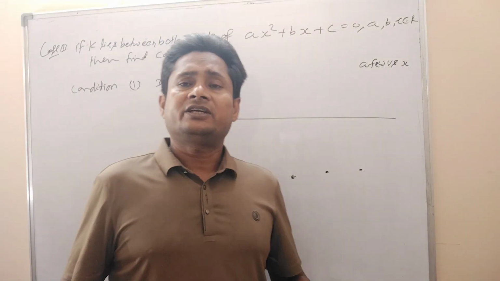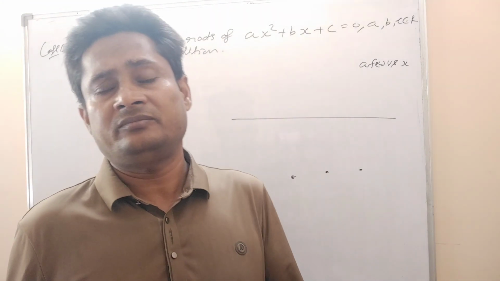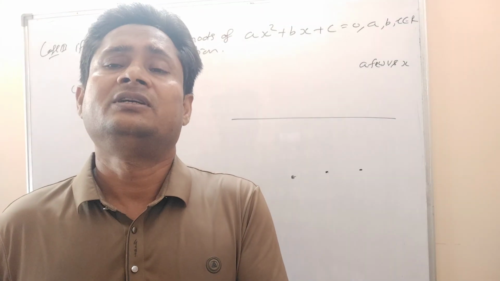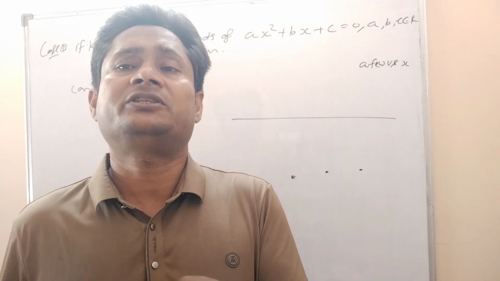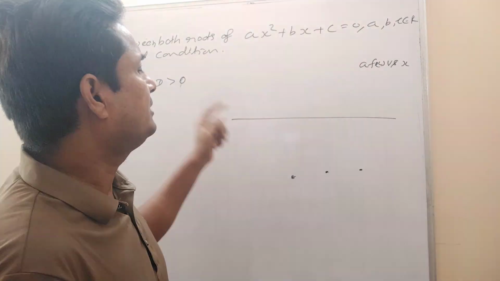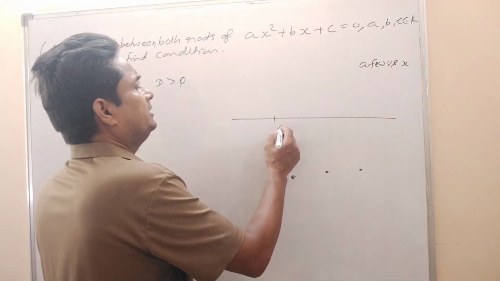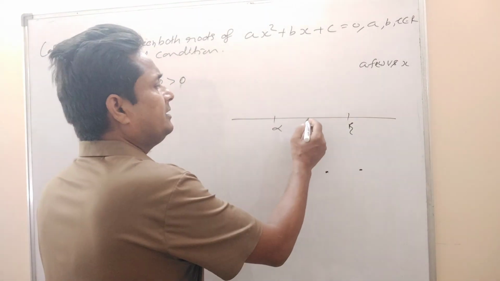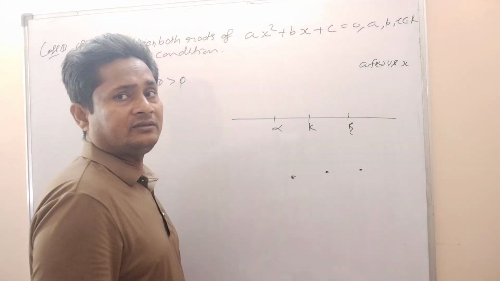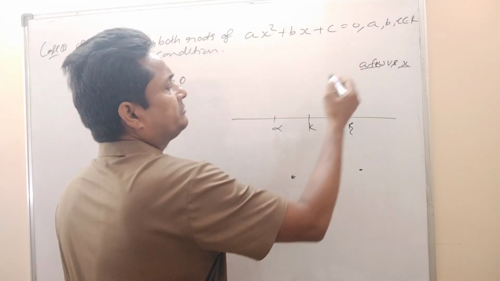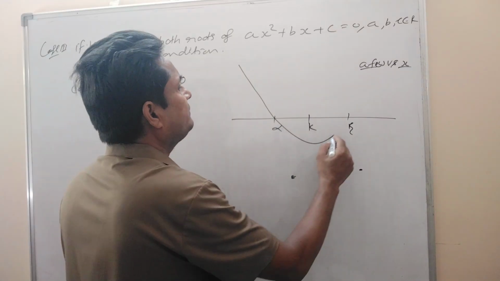In other words, if a number k lies between two numbers, then the two numbers must be distinct. So D must be greater than 0. Let's say this is alpha and this is beta, and k lies in between here. Then if we draw the graph of a times f(x) versus x, the graph will be like this.